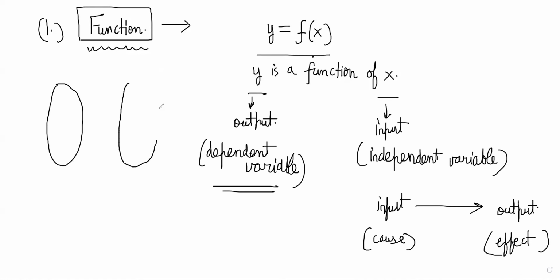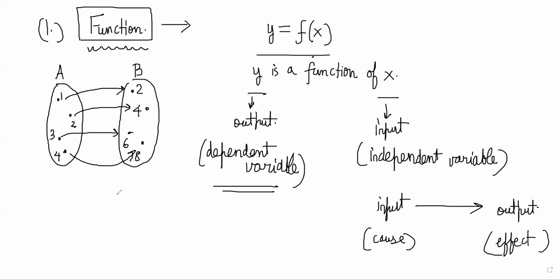Like let's say we draw two sets. This is the set A, this is the set B. Set A has some values like this, maybe 1, 2, 3, 4. And set B has some other numbers here. This is, let's say, 2, 4, 6, 8. And now let's say we have connected 1 to 2, 2 to 4, 3 to 6, and 4 to 8, right?